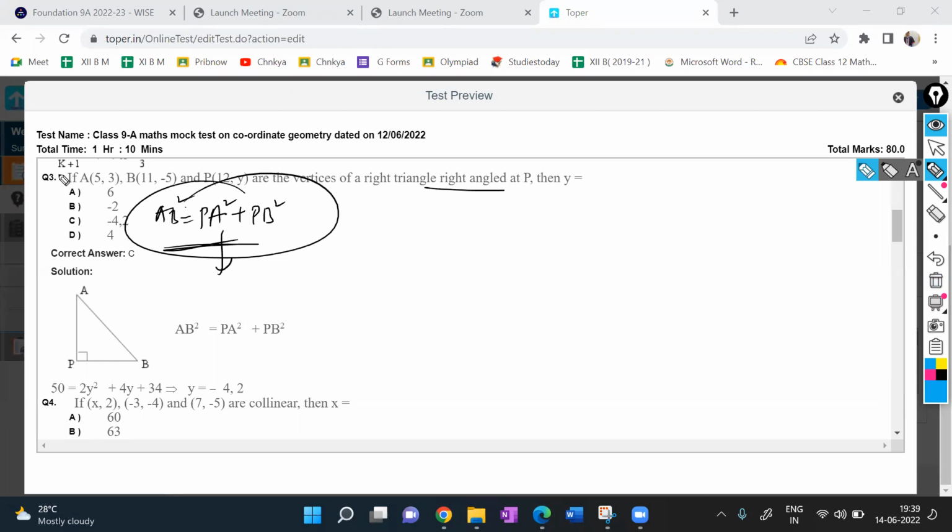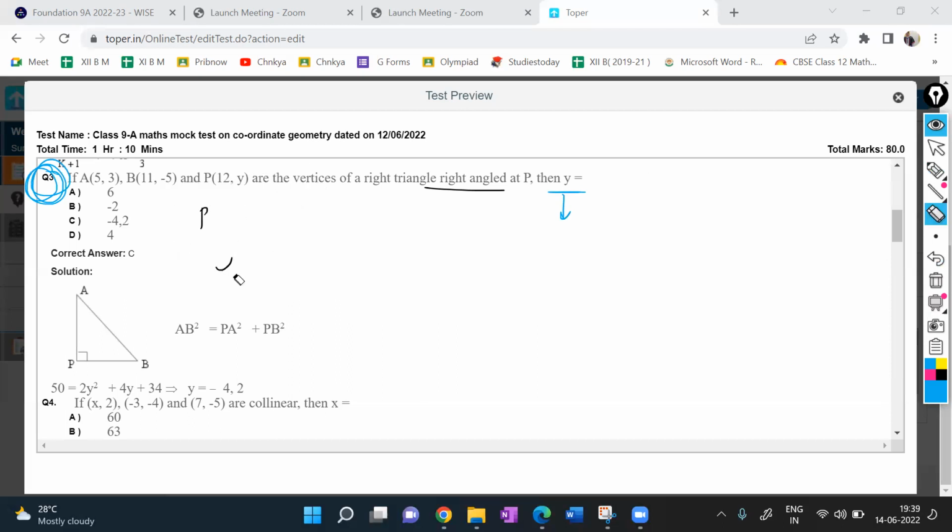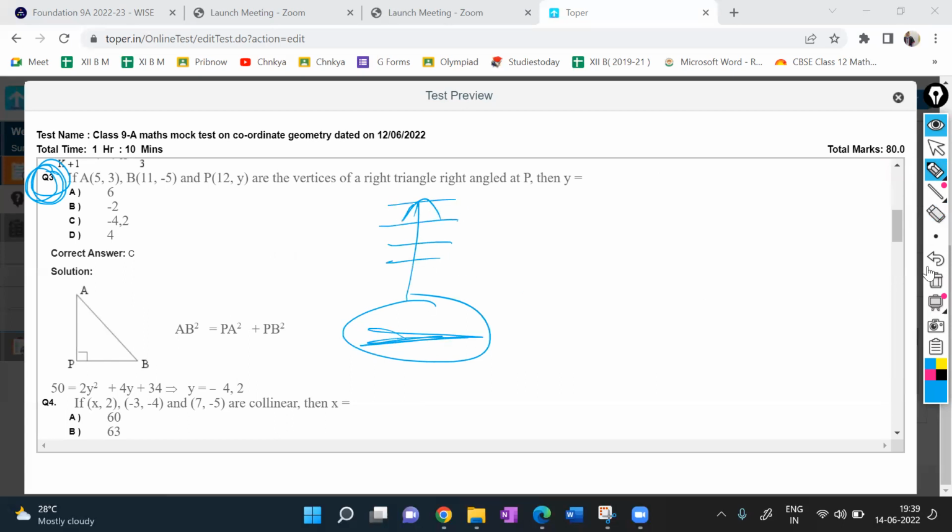I'm talking about the third question. Lalit is asking about the third question. He didn't understand how we got these y values. Am I correct, Lalit? Did you write the notes, Lalit? The last part you didn't understand, but before that I wrote a couple of steps. Did you write those steps?